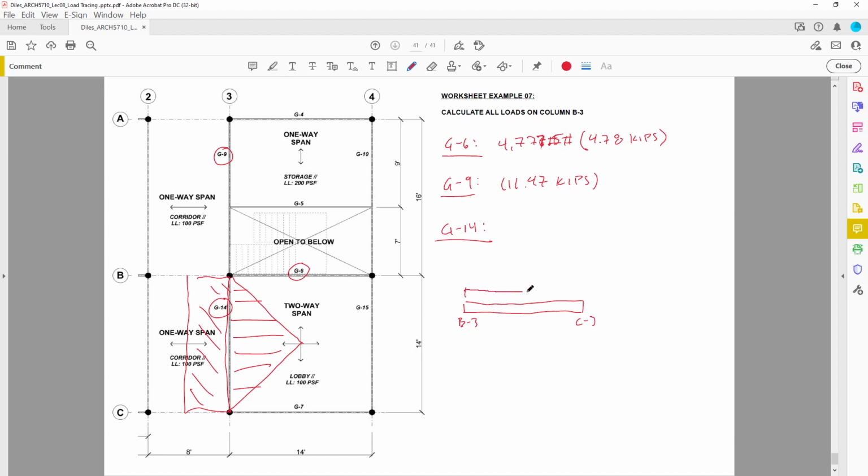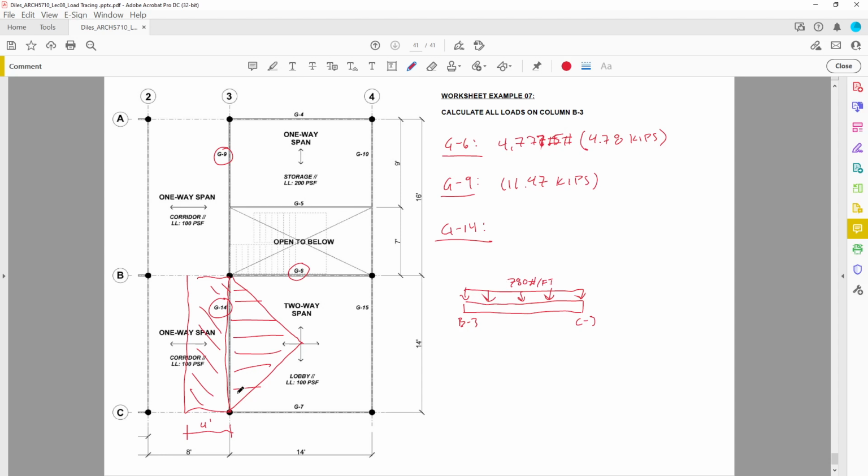And the continuous load from the corridor is going to be 195 pounds per square foot. So that's the live load and dead load, multiplied by a tributary area of 4 feet. That's going to give us a load on top of 780 pounds per foot, right?